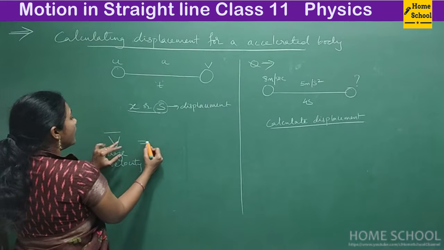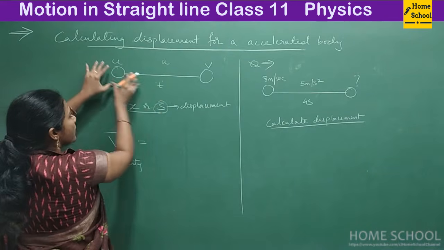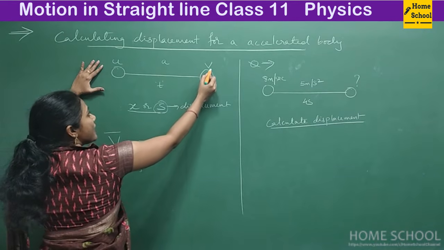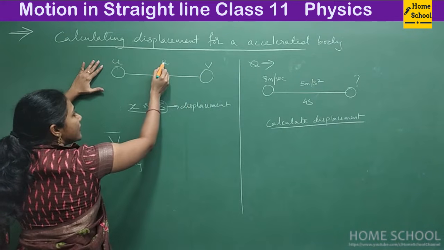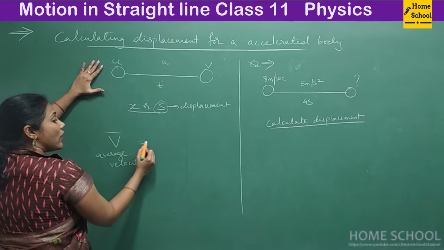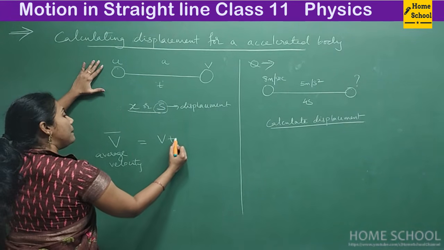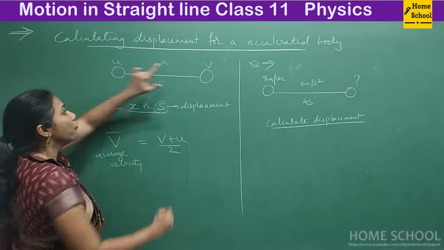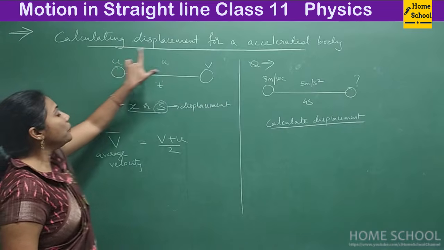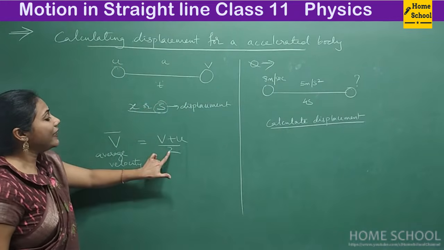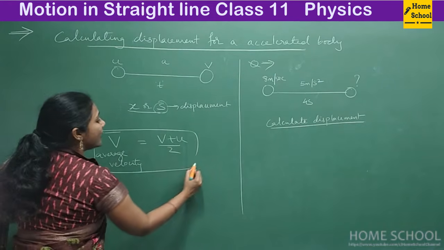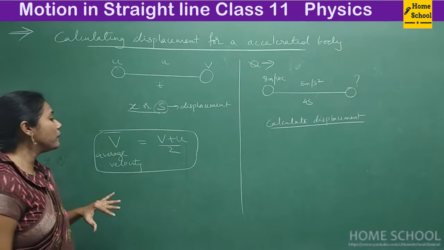When an object has an initial velocity u and a final velocity v with this acceleration and time, you can calculate average velocity with the formula (v + u)/2, or (u + v)/2. This works out very nicely for numericals.